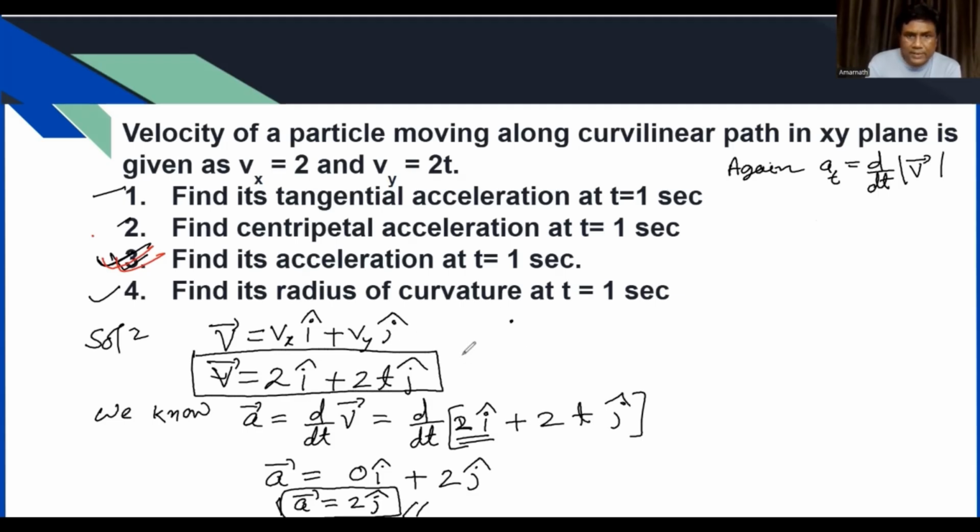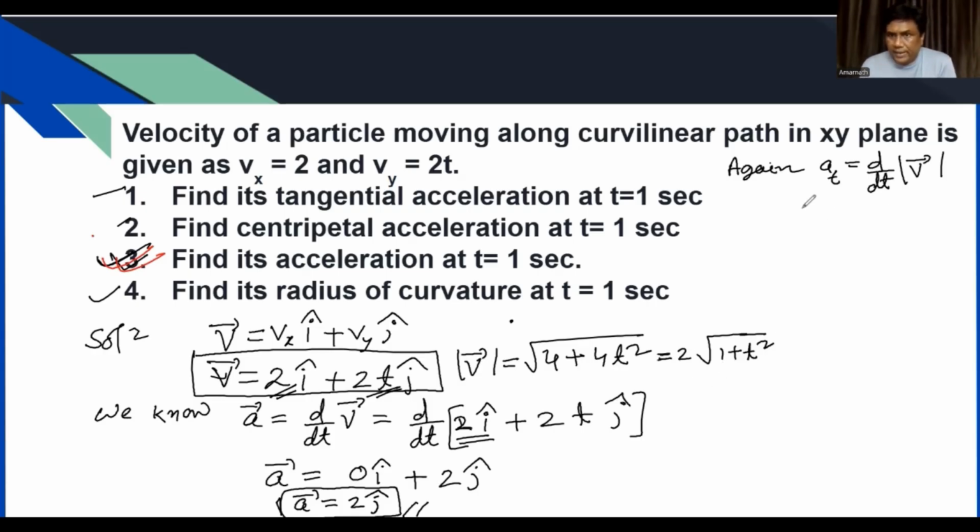So what is the magnitude of this? It is nothing but 2 square is 4, and this is 4t square. Or you can write it as 2 under root 1 plus t square. Do you have any doubt in this?